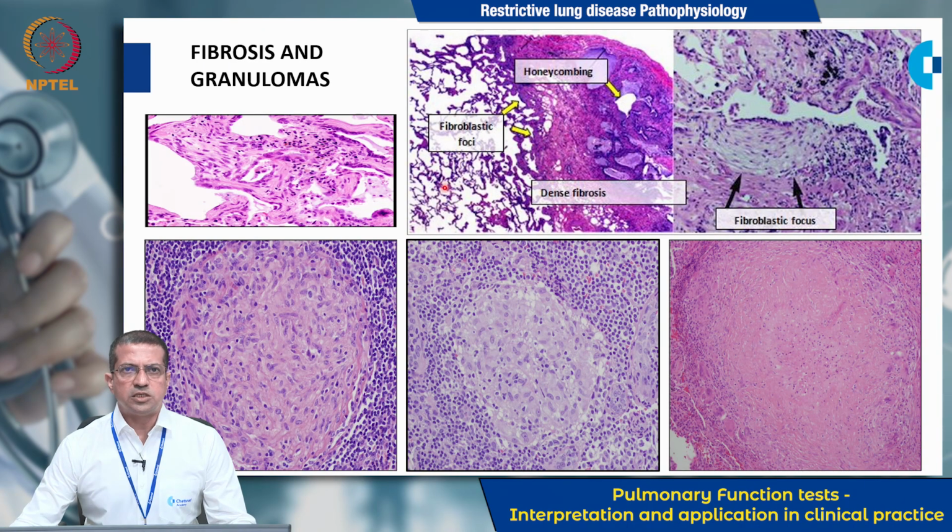So, this is a picture, we have two rows. The first row is showing fibrosing lung disease and the second row is showing the granulomatous inflammation of the lung. Here you can see the wall of the alveoli which is so thickened, and you can see the dot-like structures, they are the inflammatory cells, and these spindled cells are the fibrous tissue.